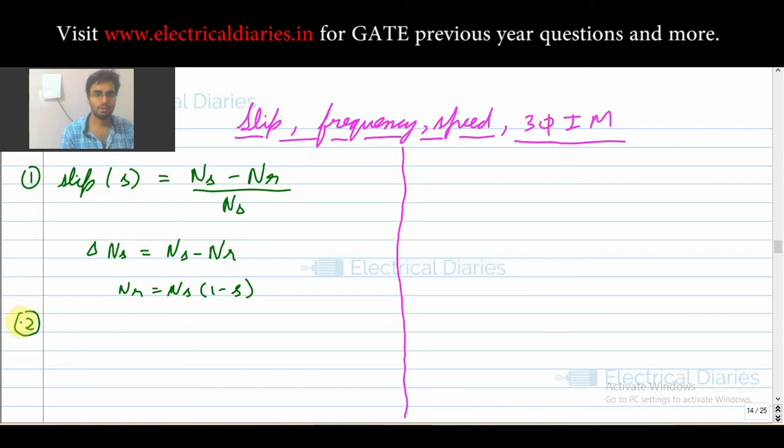Now let us learn a few things about the synchronous speed. Synchronous speed is given as ns = 120f/p. Let us see what this expression means. What is the principle of the induction motor?